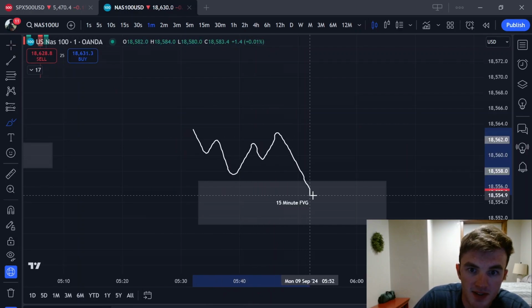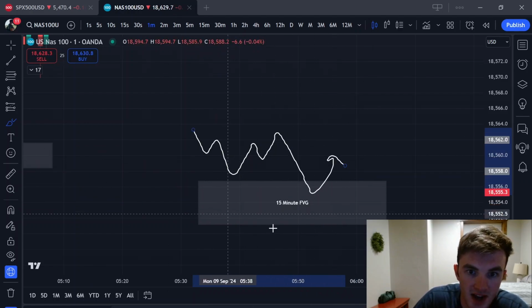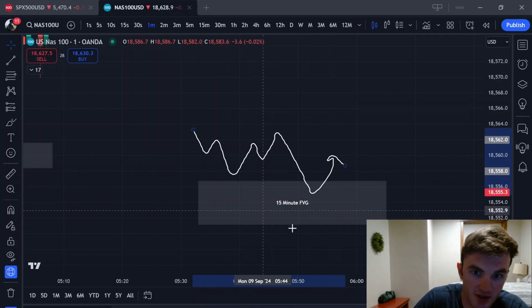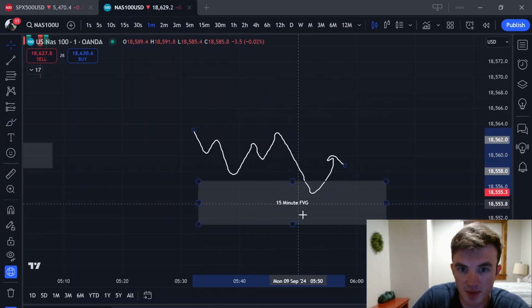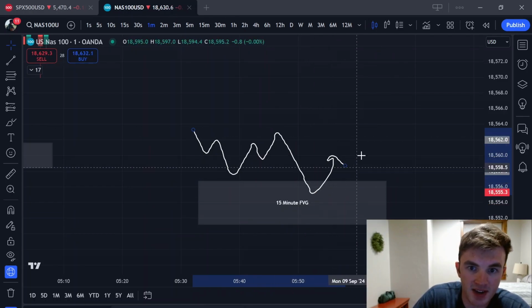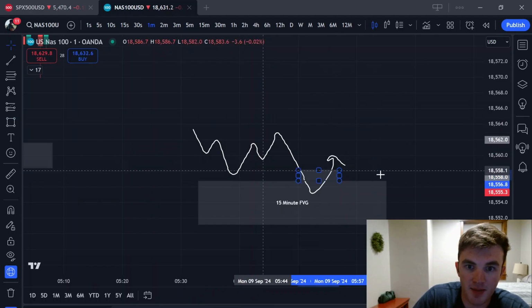You want to see a sweep into this higher time frame key level. This could be a fair value gap, an order block, whatever. But you want to see it sweep into this higher time frame key level and then inverse back to the upside. And when this happens, this is an incredibly high probability trade.